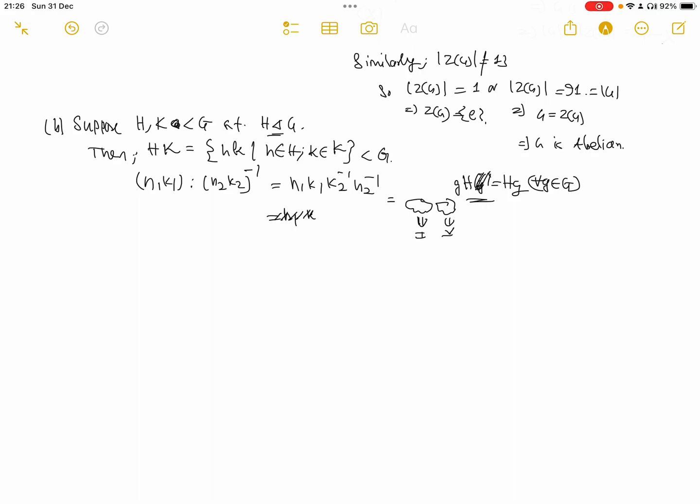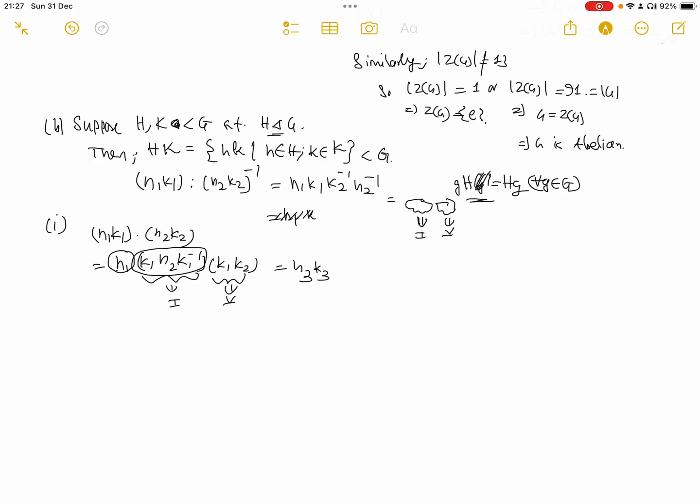So yeah, or maybe we can do it in two steps. First, let me take this and this. So this you can write as k1 h2 k1 inverse. But again, because H is normal, this element must belong to H. So this is an element of H, and this is also an element of H. So the product of two elements of H will give you another element of H. Let's call it h3. And these two are in K, so their product will be in K. Let's call it k3. So we get this is in HK.